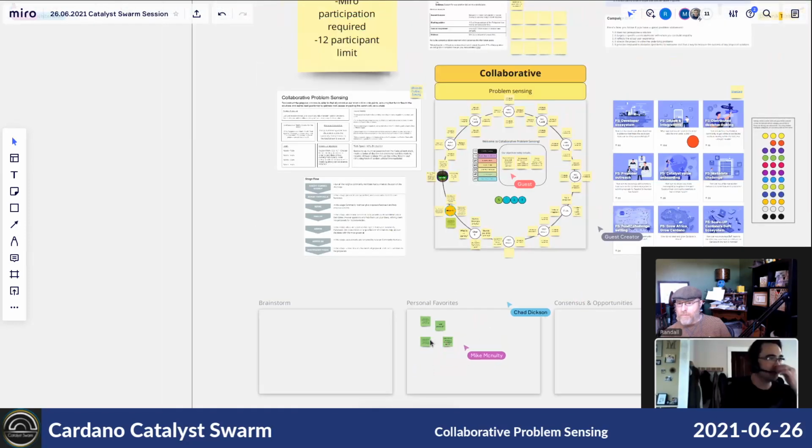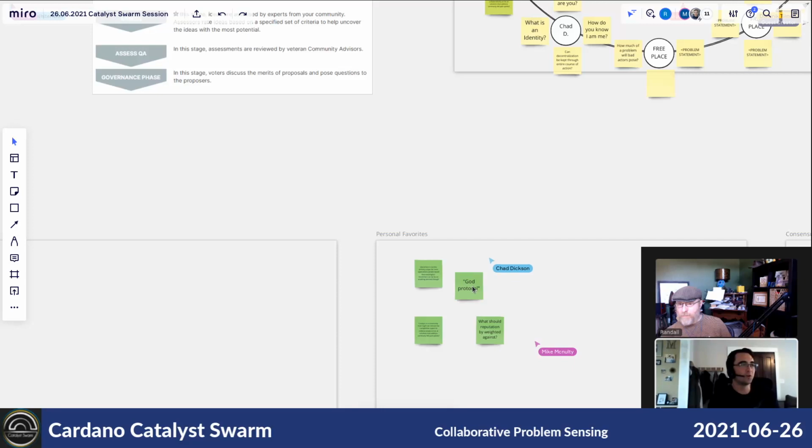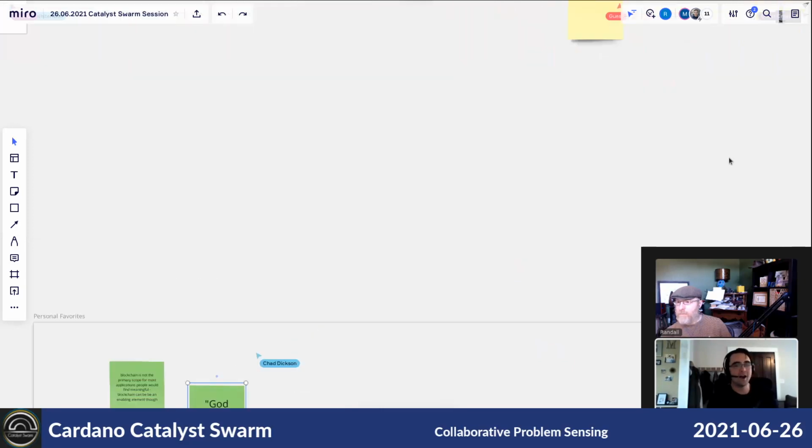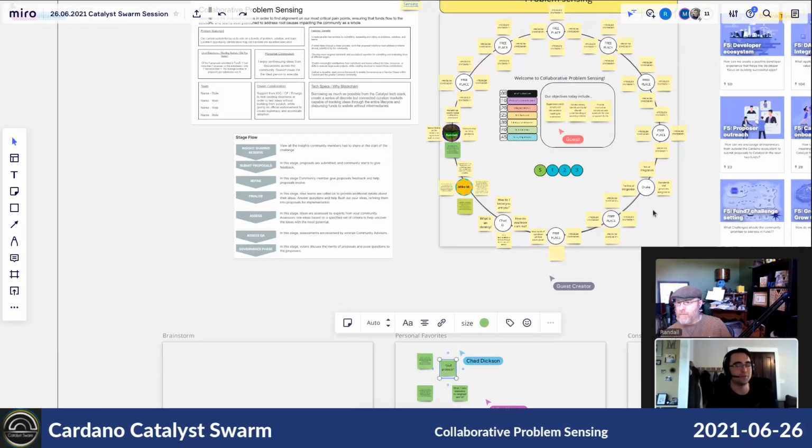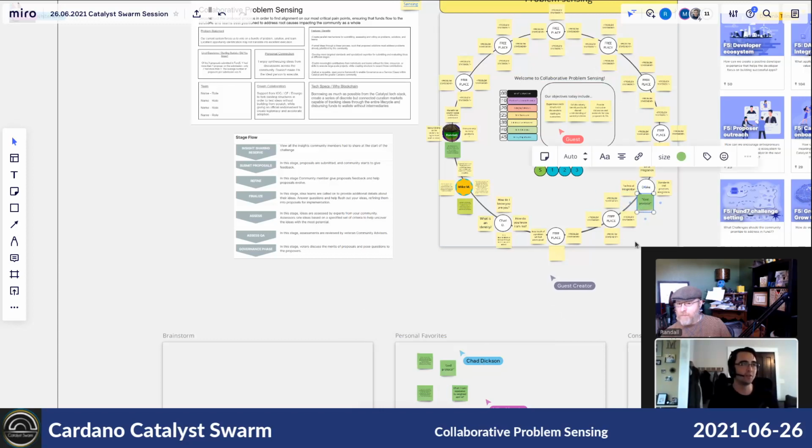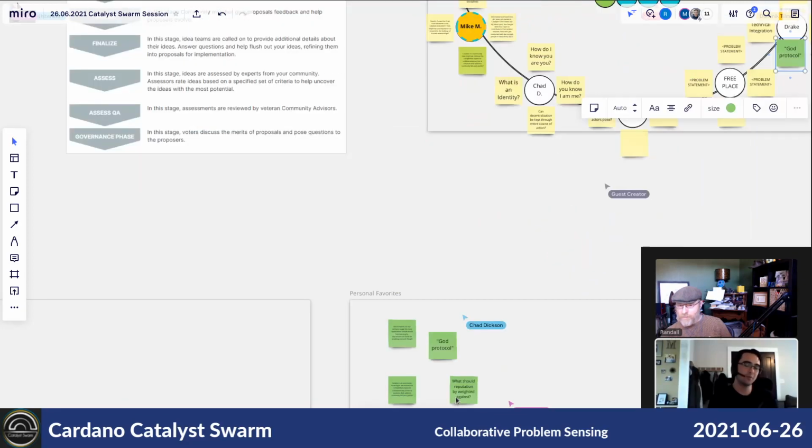Cool. So now everybody is going to rotate and we're going to take ownership of somebody else's idea. And we're going to try to express why this is not a good problem statement. Is there maybe some missing information? Do we maybe not agree with the identification? Do we think that there's not a problem?